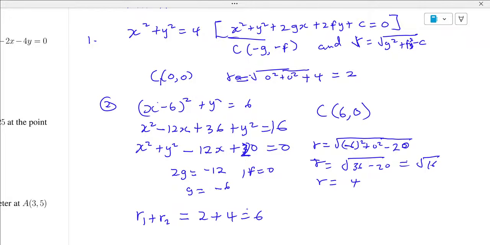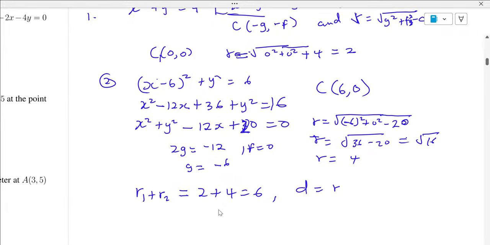And then we now find the distance between the centers. So that is our D, and so we can say that D is equal to R1 plus R2.